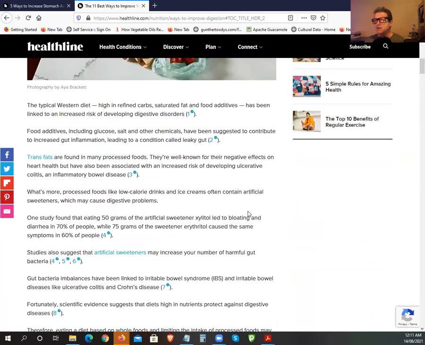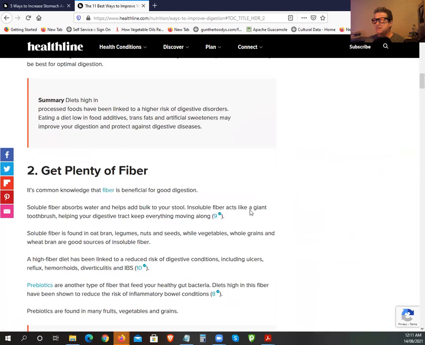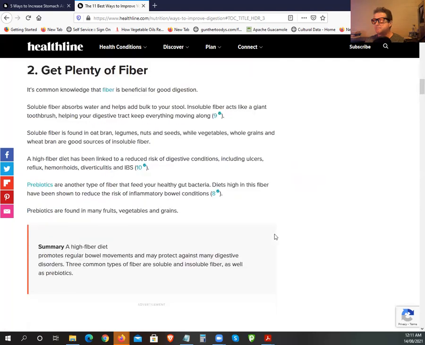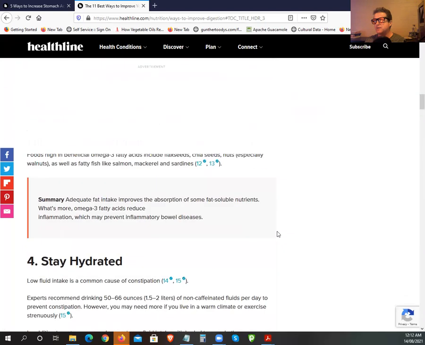And if we go through here, get plenty of fiber. Oh, God. The last thing I need to do is basically put more alkaline crap into my gut. Let's move on.